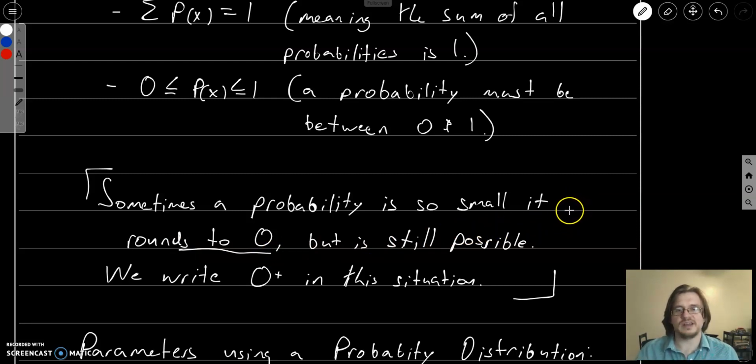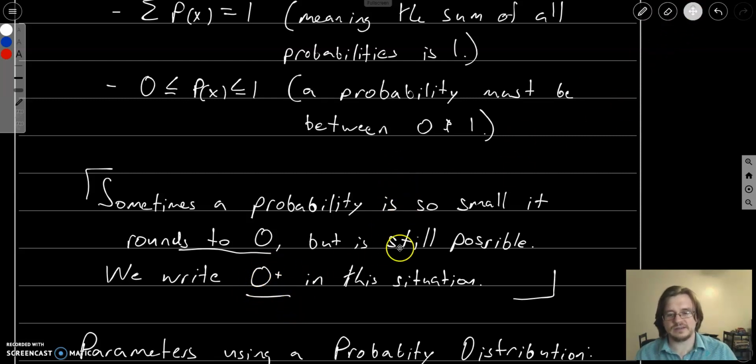And if we're rounding to the first decimal place, we're rounding to 0. However, if it's still strictly between 0 and 1, but it rounds to 0, we will write that using 0 plus, meaning it is possible, but very, very unlikely. As in really, really close to 0, but not quite 0. So this is just our notation for that.